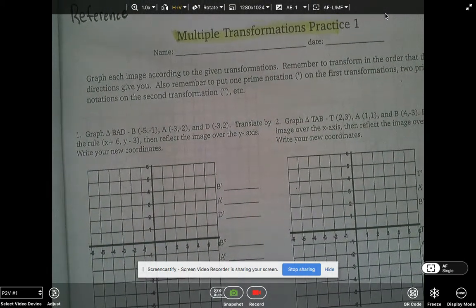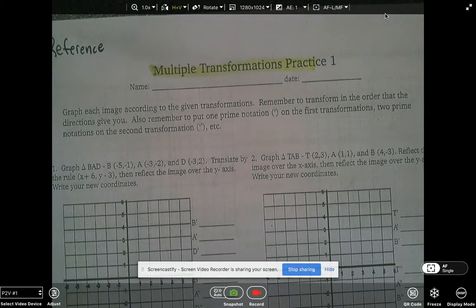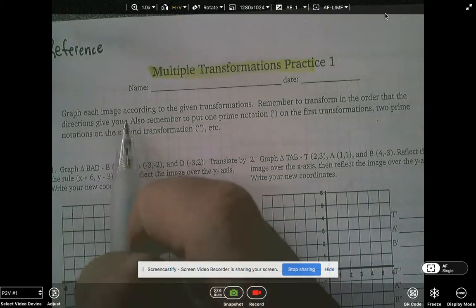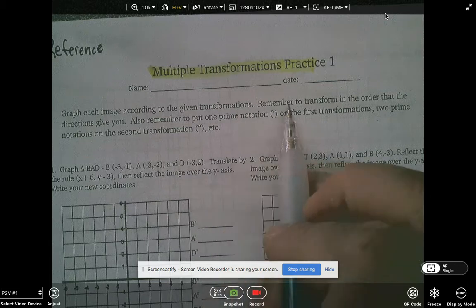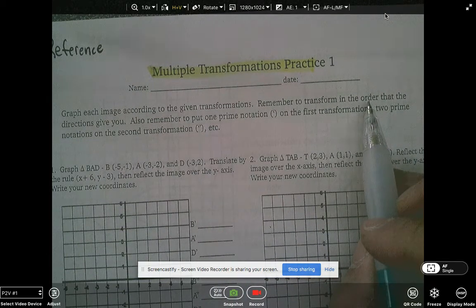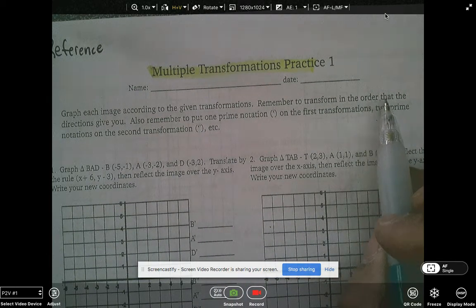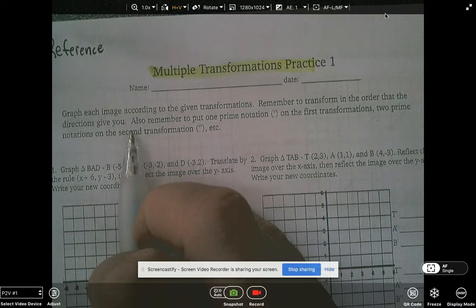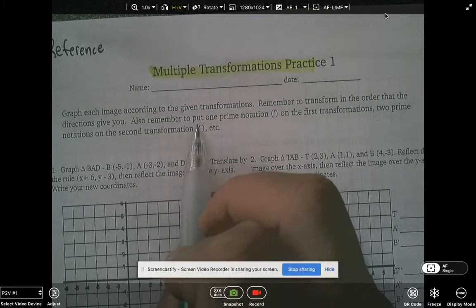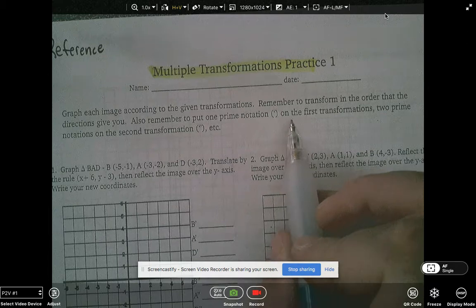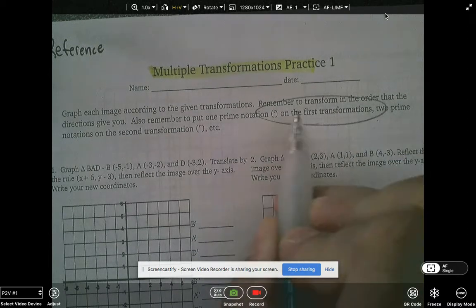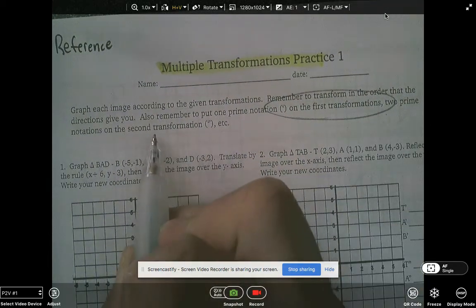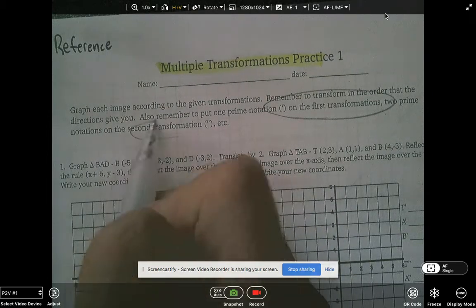So basically, we kind of saw this in the homework before we even start. It says graph each image according to the given transformation. Remember to transform in the order that the directions give you, because actually the order does matter. And remember to put a prime notation on the first transformation and two prime notations on the second transformation.